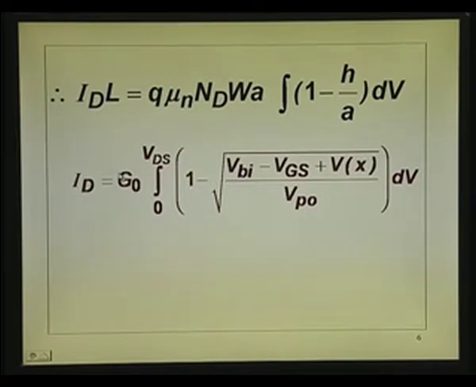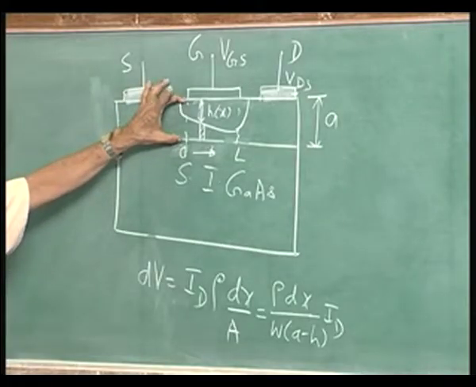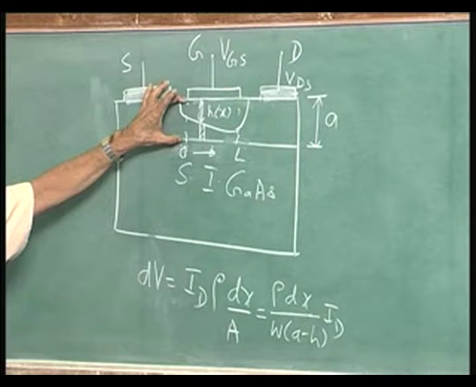Okay. Let us go back to that. G naught is sigma into W into A, which is the area of the channel if no depletion layer is present, full channel open, entire channel if it is open. A is the thickness, okay.